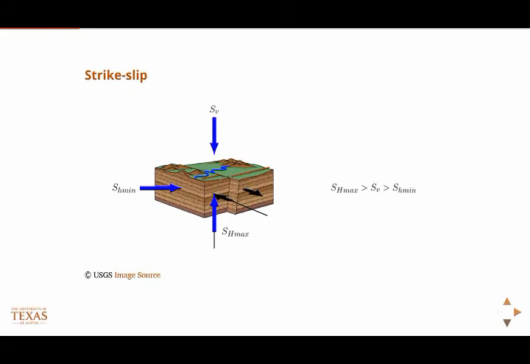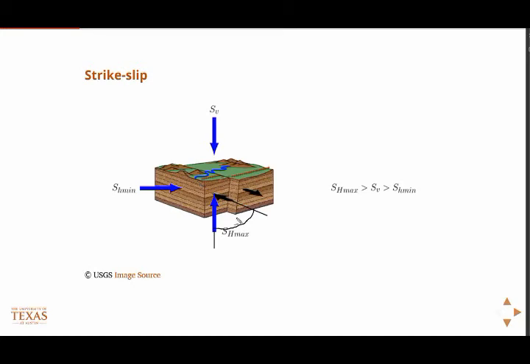And so then the third case is the strike slip fault, and in this case the vertical stress is in between the maximum and minimum horizontal stresses. I had to put these blue vectors on here, and it was a little bit difficult to do, but the point here is that this vector is not actually pointing up, it's in the horizontal plane.